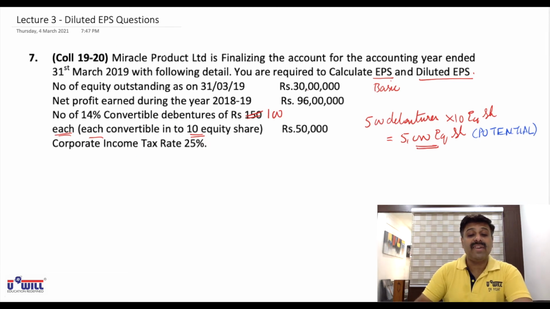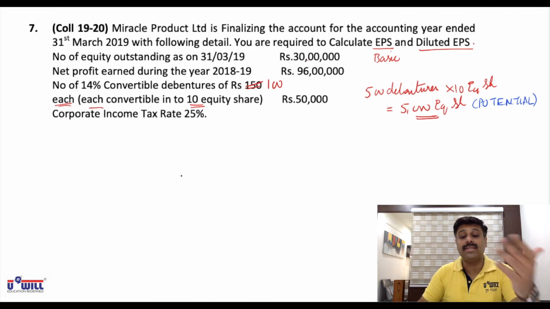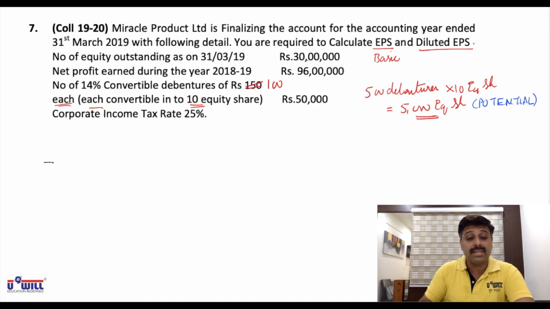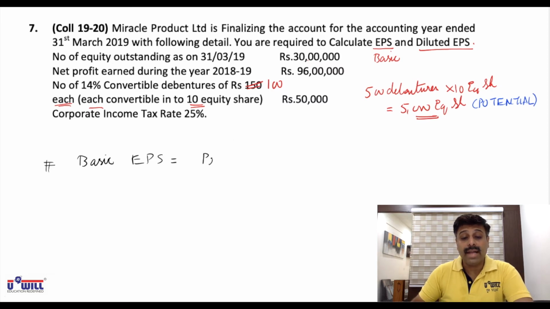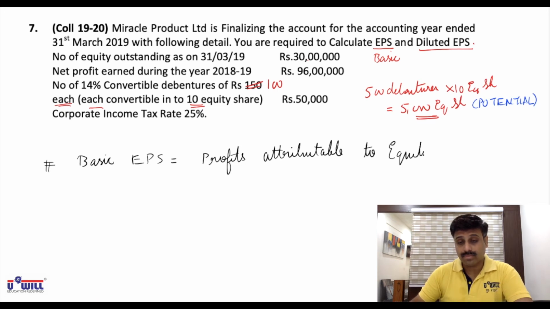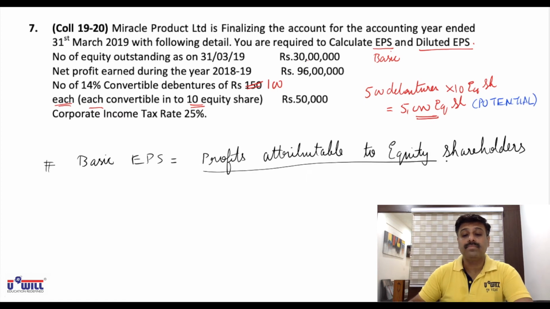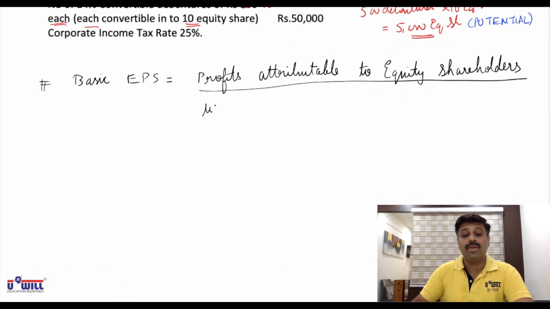Corporate income tax rate is 25%. Let us start solving it. First we find revised earnings, then we find revised gains, then we would find diluted EPS. Anyway, first basic EPS is asked. So write down basic EPS is equal to profits attributable to equity shareholders divided by weighted average number of equity shares.